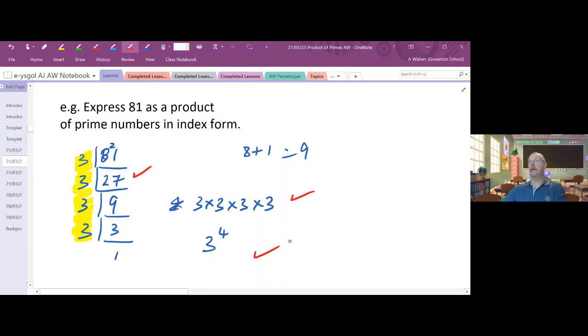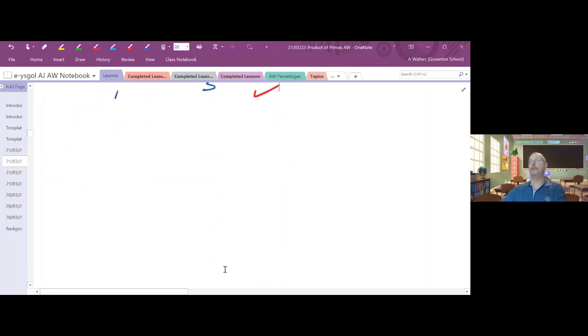Okay, we'll show this once again if you prefer this system. 81. Now I might not know that it's 3 27s to give me 81, so I'd probably have to do division anyway. But anyway, there's 3 27s.